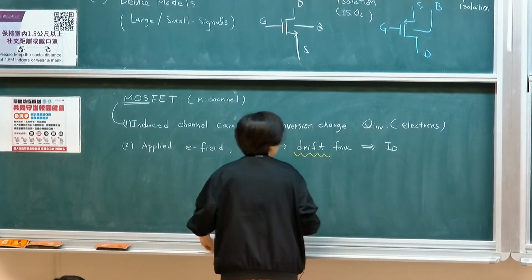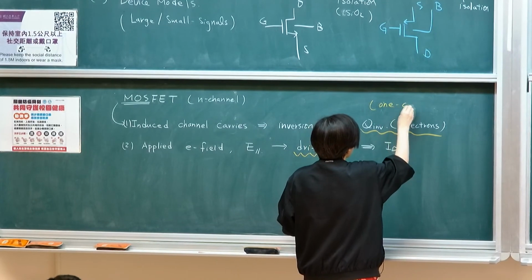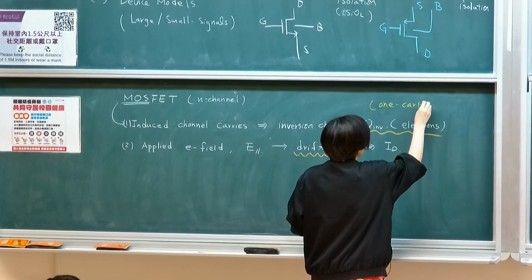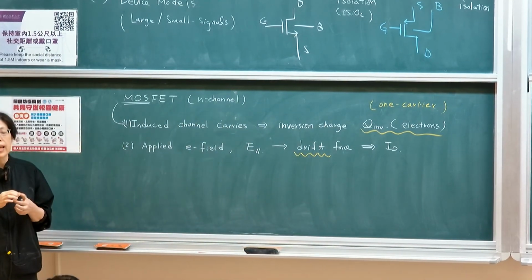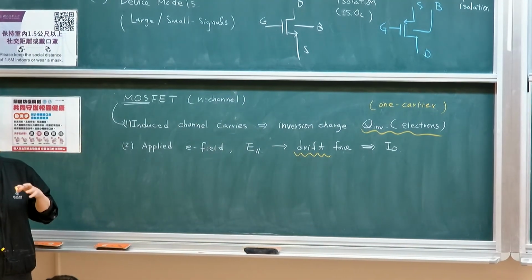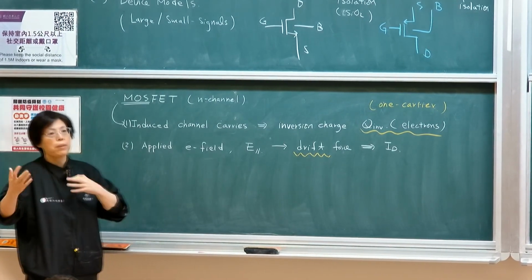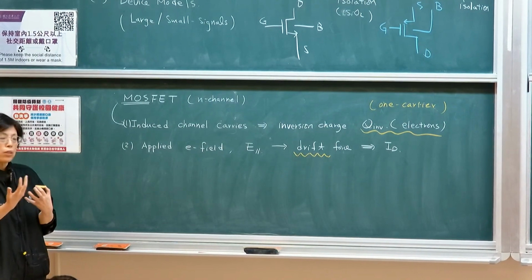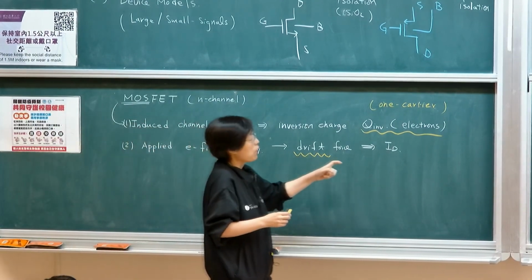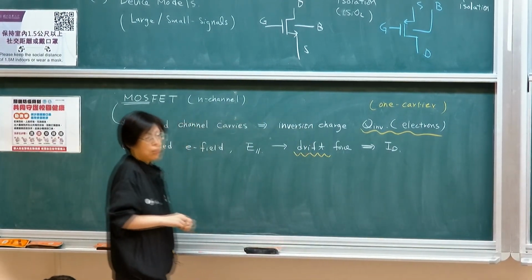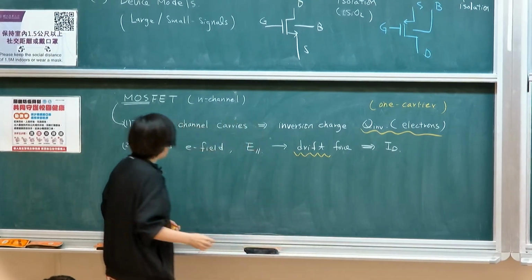If you ever do a device simulation study, this is called a one carrier problem. The reason is that it's much easier than, if you're thinking about bipolar junction transistors, where you always have to consider electrons and holes together anytime you forward-bias a p-n junction. In this case, there's only one carrier dominating your current flow in the system. So it's a much easier problem if you're doing simulation.